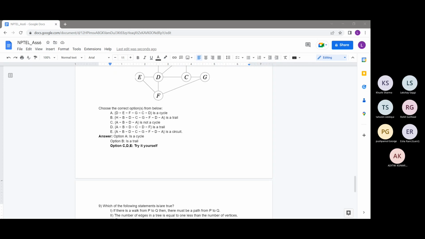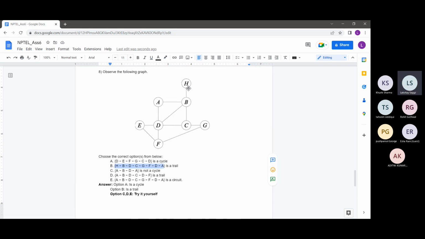Tehseen, what question are you talking about in option B? So option B, this is H, B, D, C, G, F, D, A. Oh, I guess you are saying that this is forming a cycle, like DCGF is a cycle.